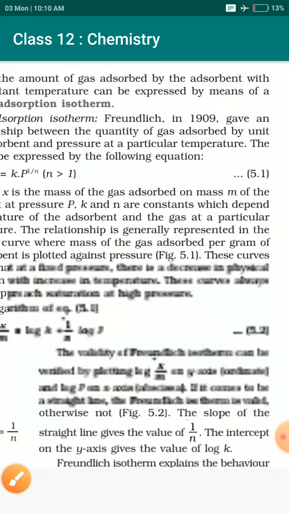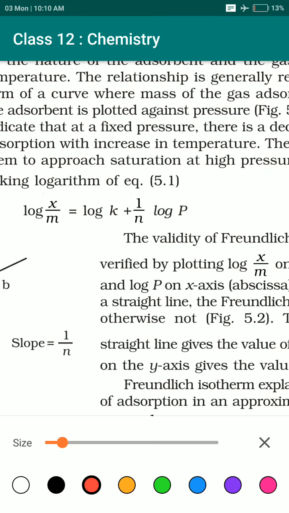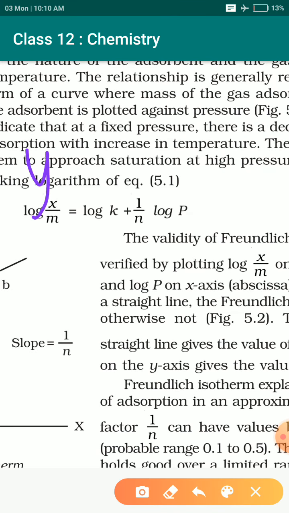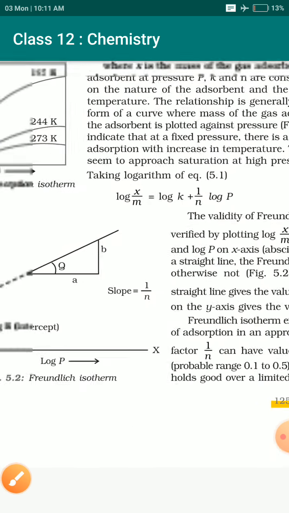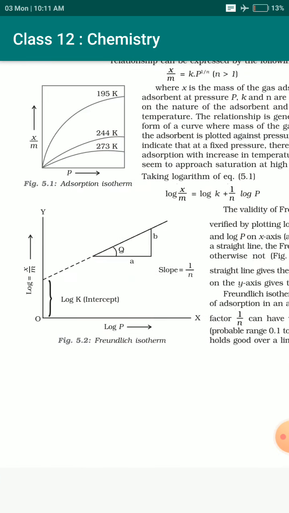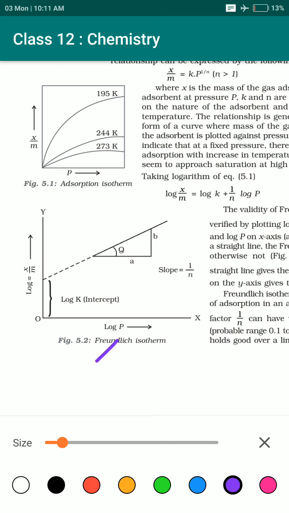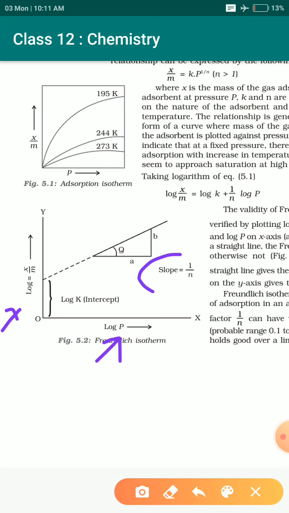So if you see the formula, you can see here y equals m into x plus c, where the y axis will have log x by m, x axis will have log p, and your slope will be 1 by n. That's what is shown here. You can see very clearly. We have the x axis as log p, y axis as log x by m. So definitely you will have a slope 1 by n.